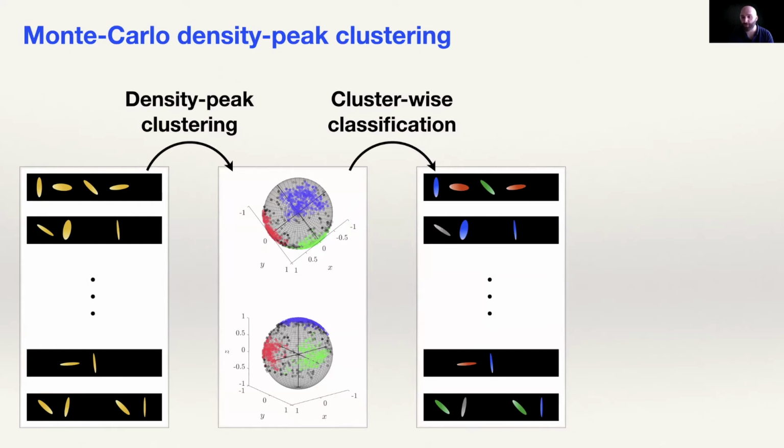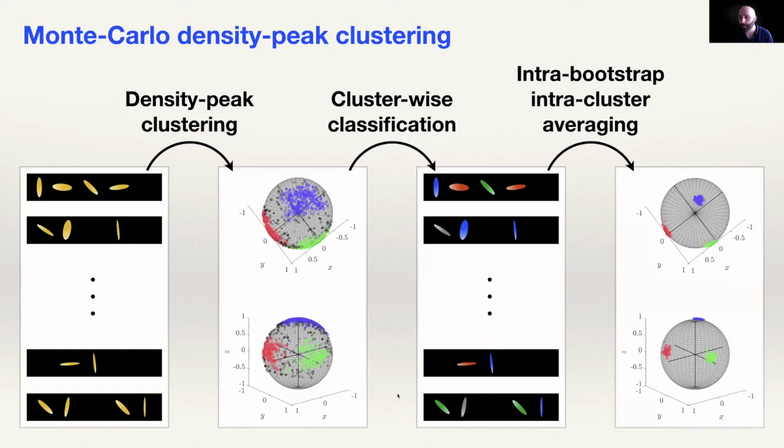So for each of these bootstraps, you get 1 diiso for the blue cluster, 1 diiso for the red cluster, 1 diiso for the green, 1 orientation, 1 d delta, 1 T2, whatever you have, 1 by cluster, 1 of each of these sets per bootstrap, and then you can compute statistics along this bootstrap for each of these clusters separately. What you get, and this is in the orientation averaged space, you get these clusters that are a bit more refined because the orientation of the points have been averaged within each bootstrap.